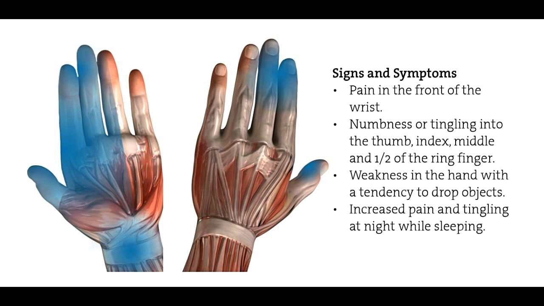And that is usually felt in the same area of the hand which is actually supplied by this nerve, which is the palmar aspect of the thumb, palmar aspect of index, middle finger, and half of the ring finger. Now, if this compression stays there for a long time, or if the compression is severe, then it will start affecting the motor function. And people can drop objects, they will have weakness in their hands.